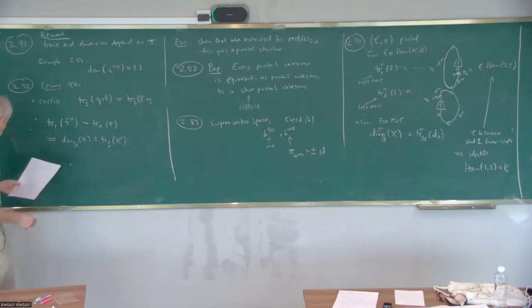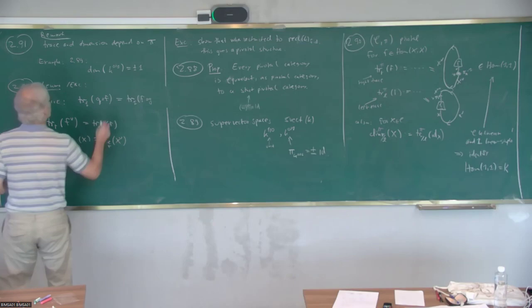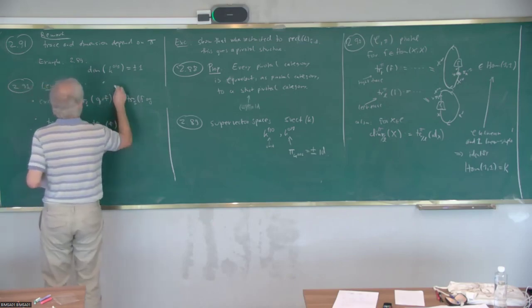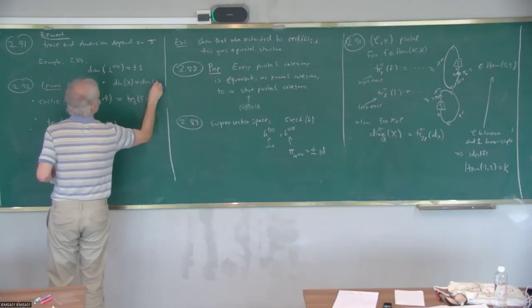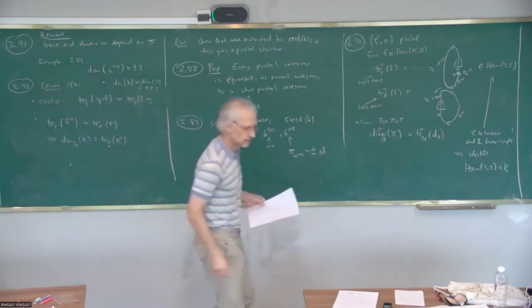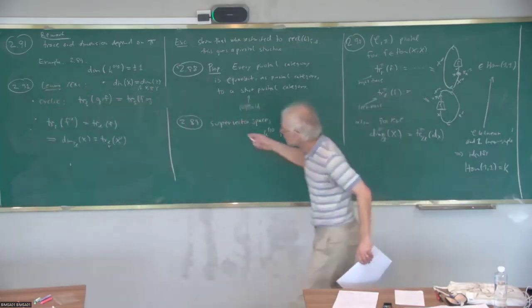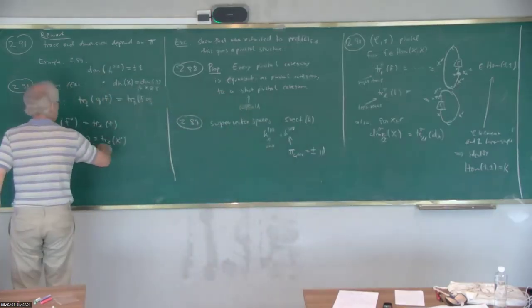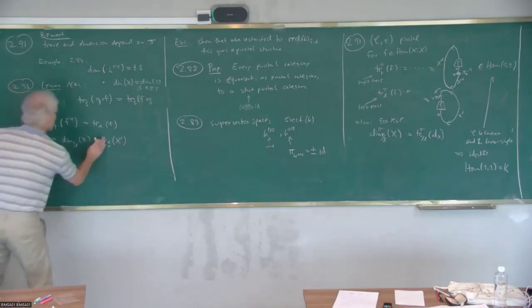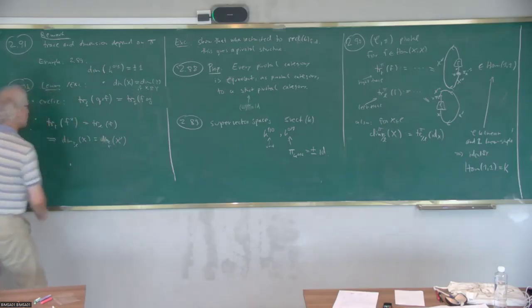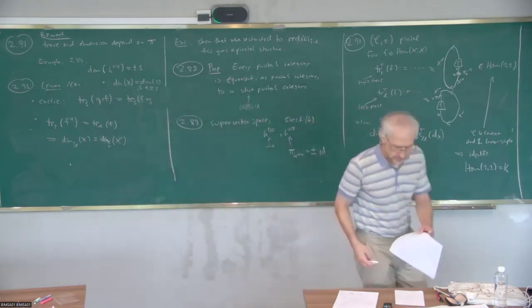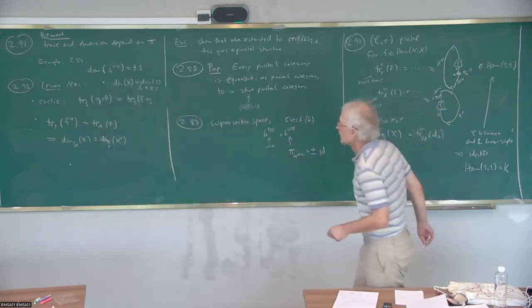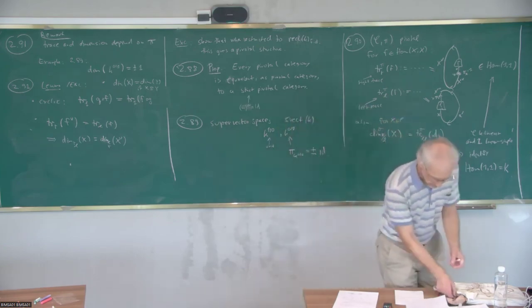And something I haven't written here, which however is also important, is that the dimension of X equals the dimension of Y if X and Y are isomorphic. Meaning in particular that if X is self-dual, so isomorphic to its dual, then its left and right dimension are equal.